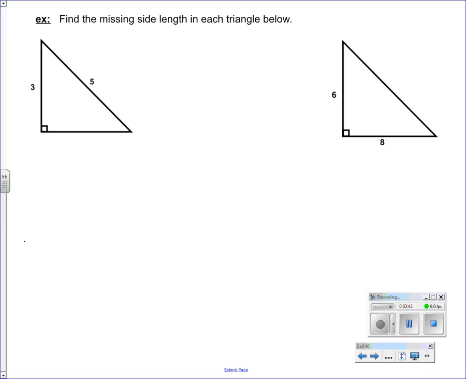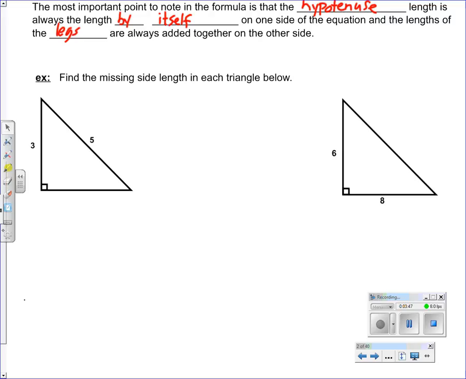So this is the last piece of the notes, and then you're going to be working on your own after this. We're just going to go through 2 examples of how we use this all together. So there's basically 2 cases you can have when you're finding the missing side.